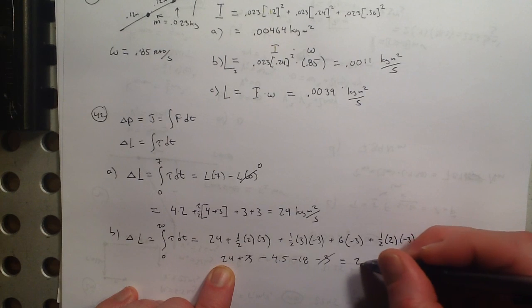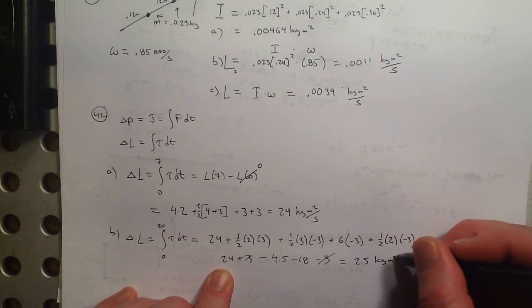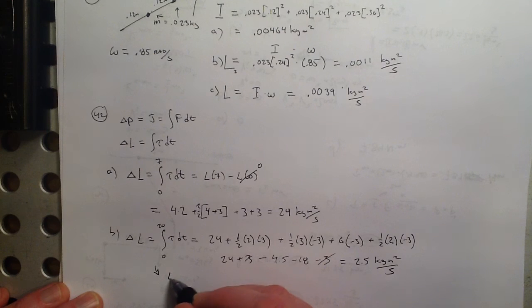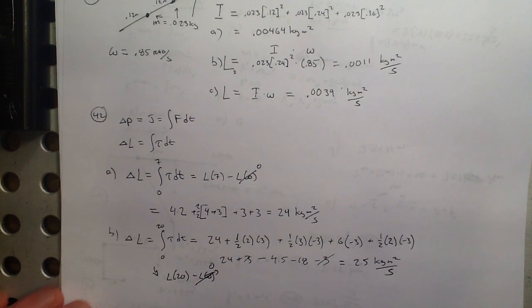So that's what, 2.5 kilogram meters squared per second. And again, I'm not making the fundamental mistake of calculus. I know that this really means L of 20 minus L of 0, but it starts off with an initial angular velocity of 0, so that starts out at 0. And that is it.